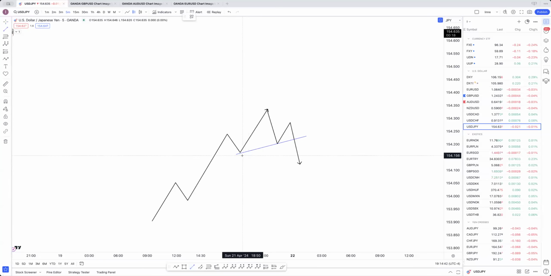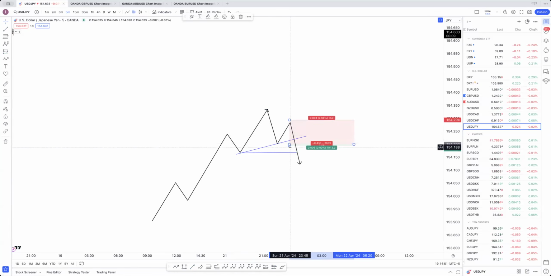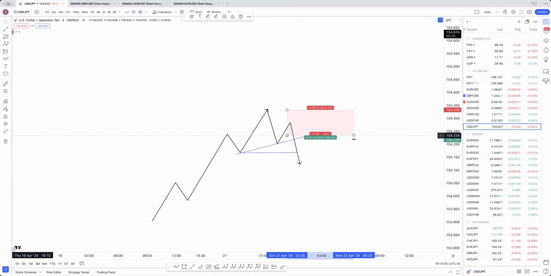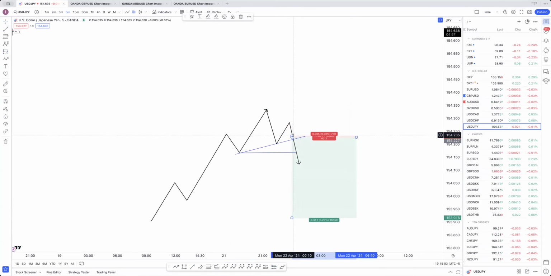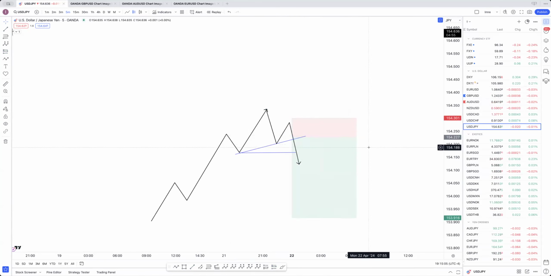Support and resistance traders see a break of support here where they go short. So in other words, this setup is inducing traders to go short, right? They might place their stop up there. And they could be targeting lows all the way down here, right? That could be what they're looking for.